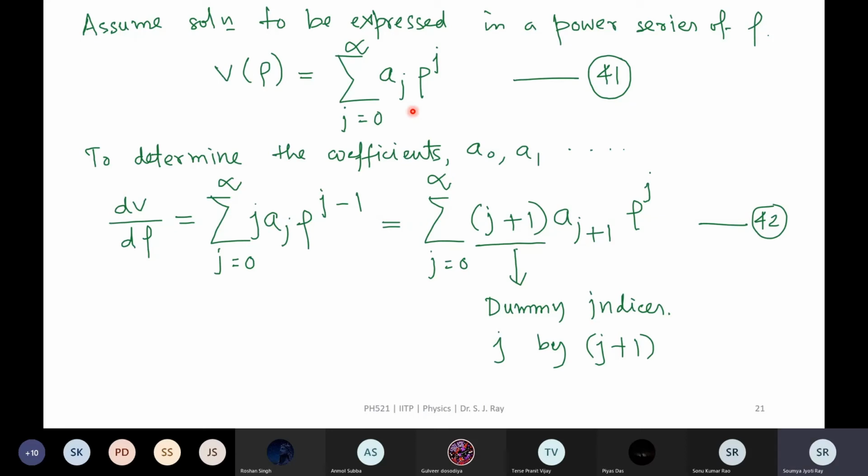So now we will determine the coefficients, that is a0, a1, and all these things.